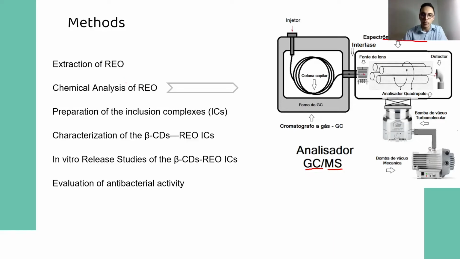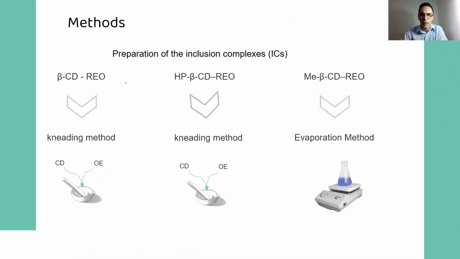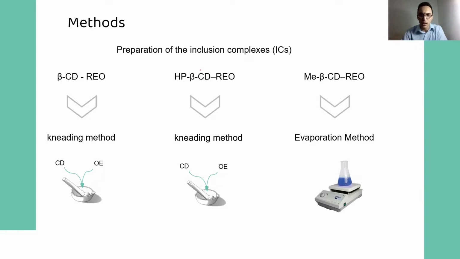Then they went to the preparation of the inclusion complex. The inclusion complex was made with the three kinds of cyclodextrin, using two kinds of methods to produce the inclusion complex of cyclodextrin and rosemary essential oil.